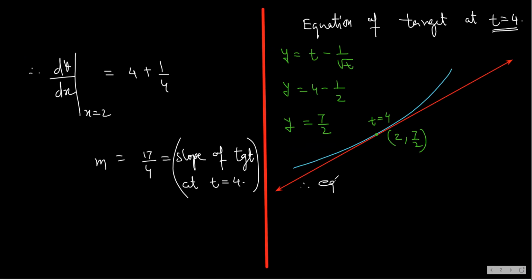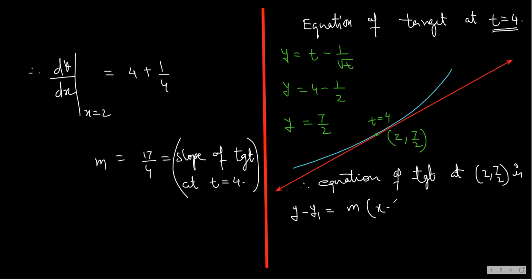Therefore, equation of tangent at 2 comma 7 by 2 is y minus y1 equals m times x minus x1. So you have y minus 7 by 2, y1 is 7 by 2, x1 is 2.